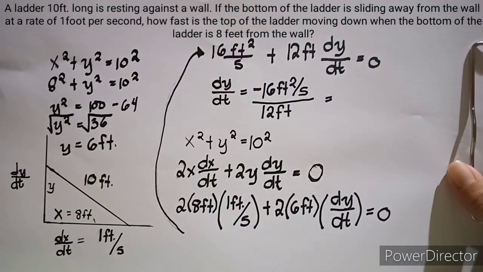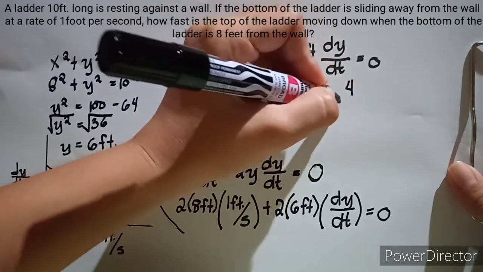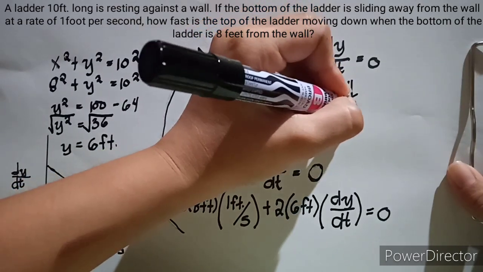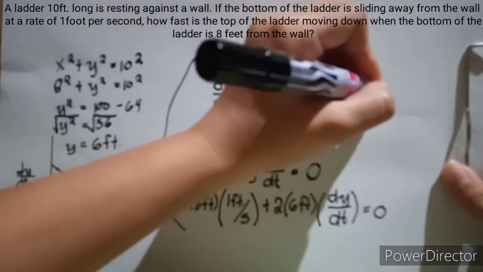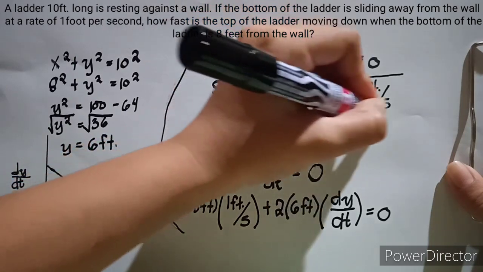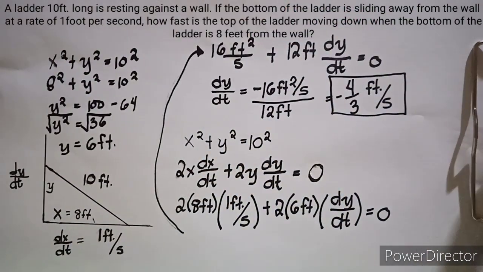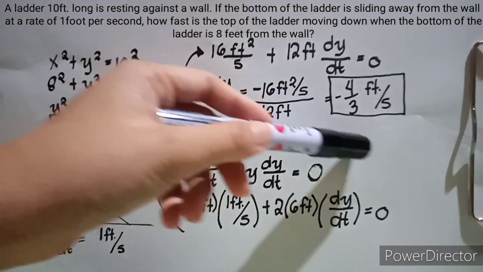Our simplest form is negative 4/3 feet per second. And this is our final answer. As I said earlier, since the top of the ladder is going down, we are expecting a negative answer. So our answer is negative.